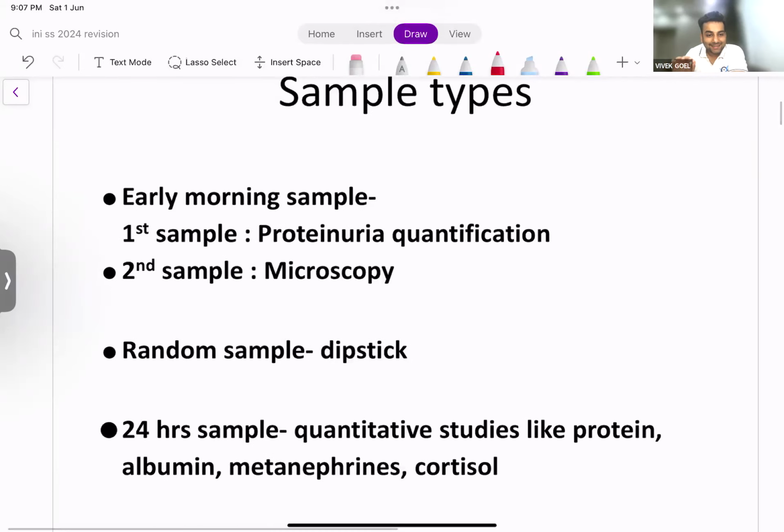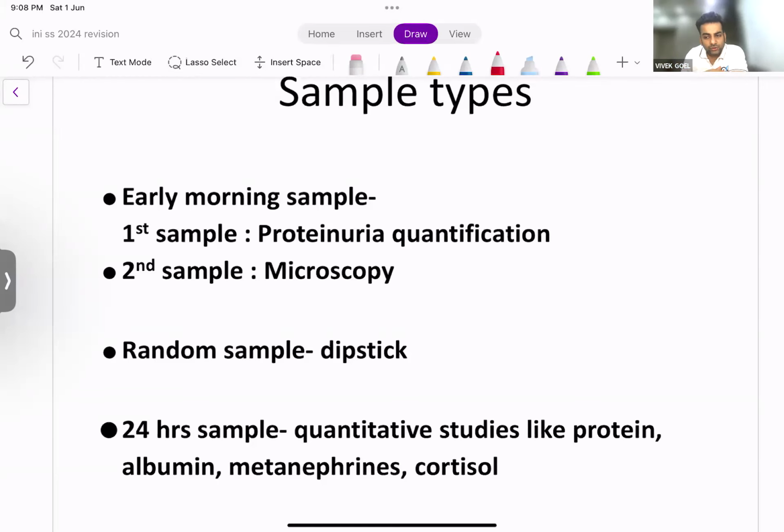Now, what are the sample types? Of course, we all know that the best urine sample is the early morning, midstream, clean catch sample. But it is often asked in the MCQs also that for microscopy, we prefer a second sample.